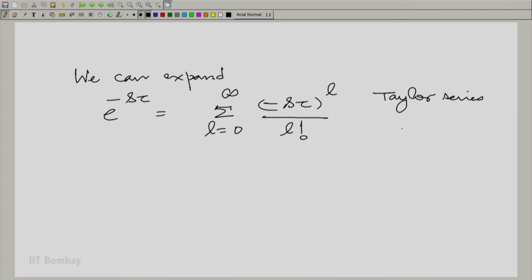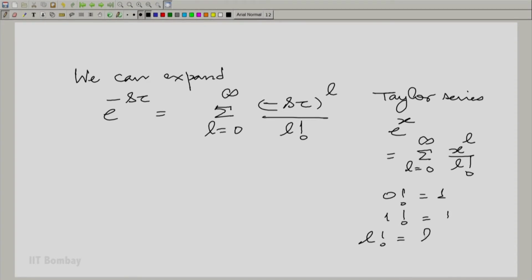In fact, you will recall that the Taylor series of e raised to the power of x is summation L going from 0 to infinity x to the power L by L factorial, where we should interpret 0 factorial as 1 and 1 factorial also as 1, and following that L factorial is equal to L times L minus 1 factorial for L greater than 1.